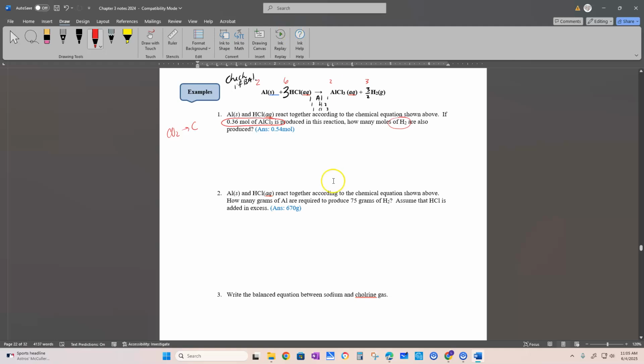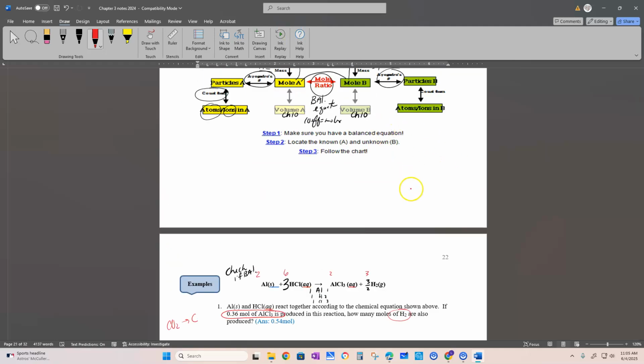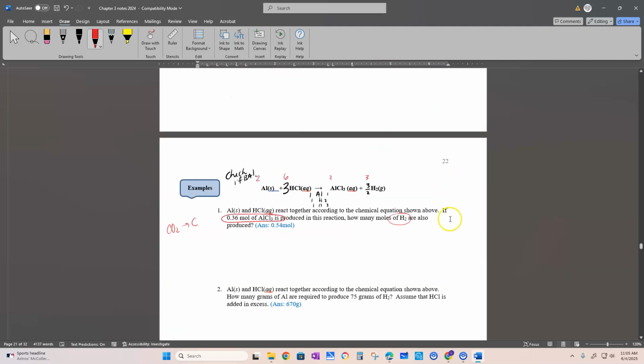So according to our stoichiometry chart, let me have my little color picture up here. I have moles, so I'm starting right there at mole A, and I just want to get to moles of a different chemical. Mole A to mole B, one step. So I just need a balanced equation. So 0.36 moles of AlCl3.